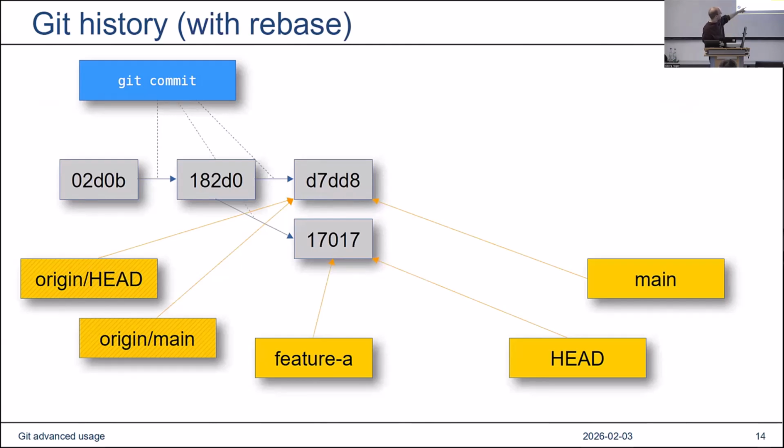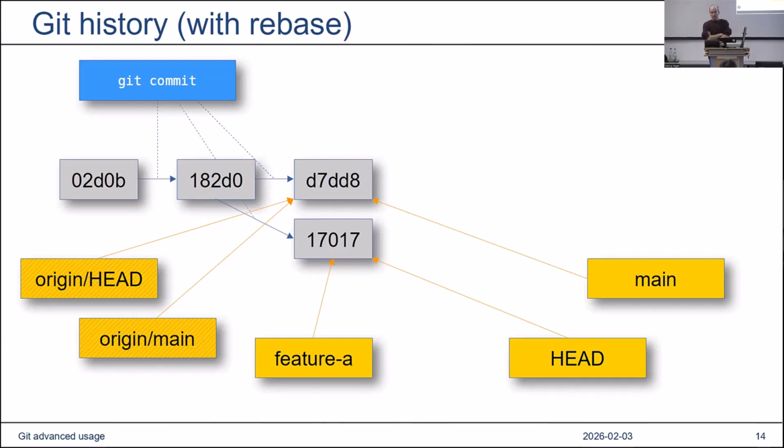If you wanted to merge feature A back into main, and there was a conflict, one way of resolving this conflict would be first merging main into feature A, and then via the pull request merging feature A back into main. But this creates a situation where you have a redundant merge commit before.